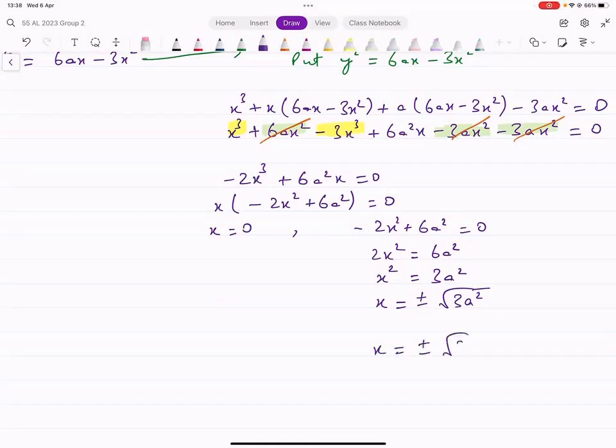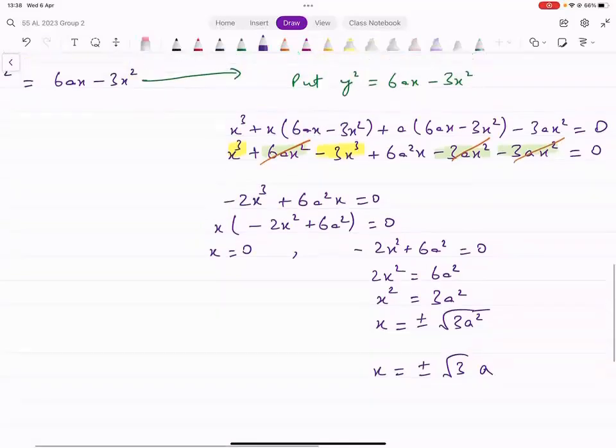We have square root of 3 and a outside the square root. This is what we get. X की तीन वैल्यूज आ रही है हमारे पास. X is either 0 or plus square root of 3 times a or minus square root of 3 times a.